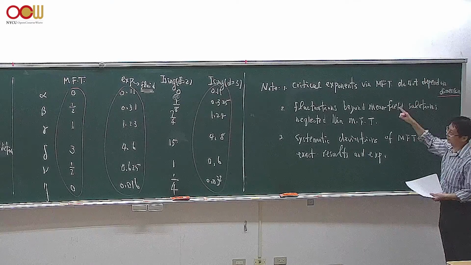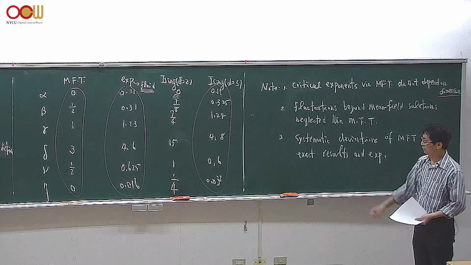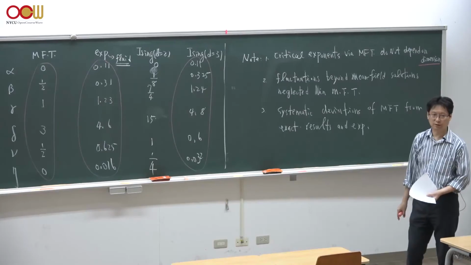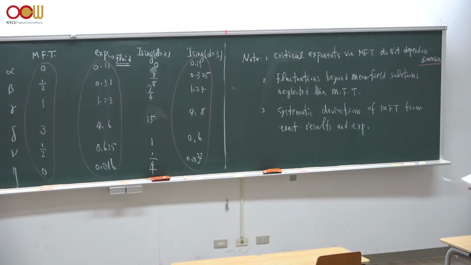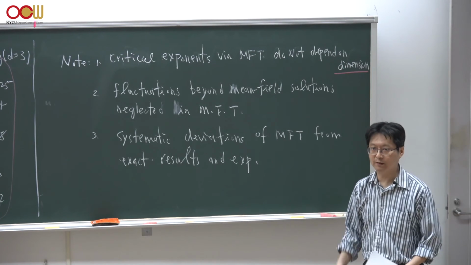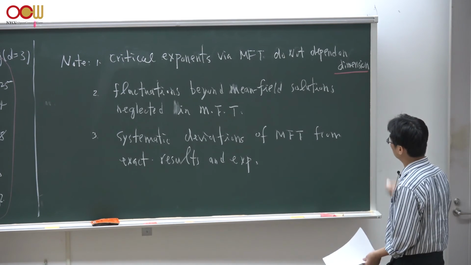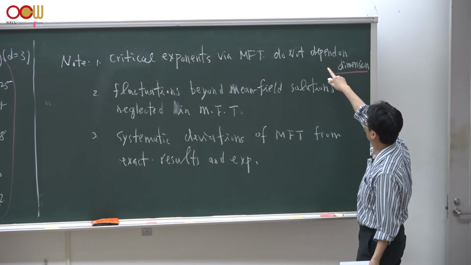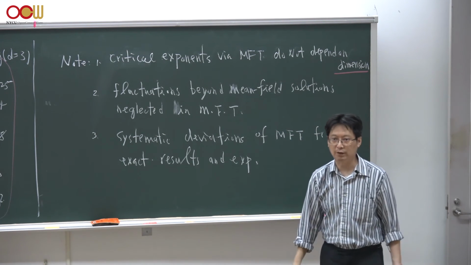The mean field predictions give you the same exponent for all these different dimensions, which is certainly wrong. That's where this mean field theory fails, because we know that the critical exponents do depend on the spatial dimension, as we'll discuss later. So this is one failure of the mean field prediction, where all the exponents do not depend on dimension, though they should.